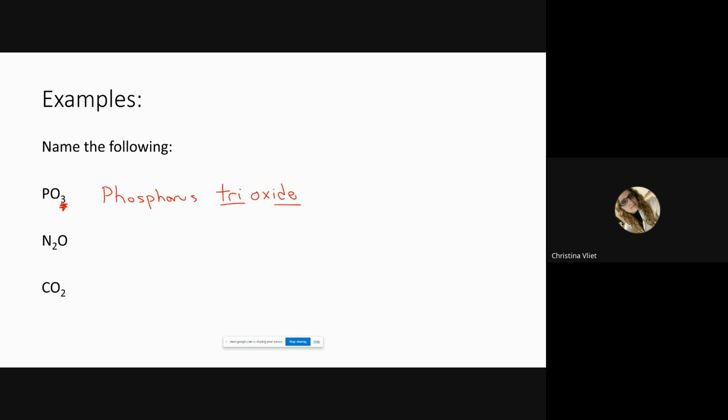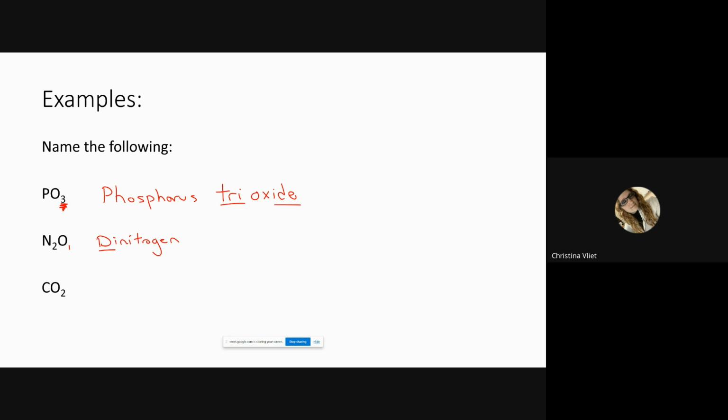All right, second one. 2 nitrogens. Do I have to designate that in the name? Always. If there's more than one, you always have to designate it. So di-nitrogen. Di tells me there's 2. And then I have 1 oxygen. So I have to say that.